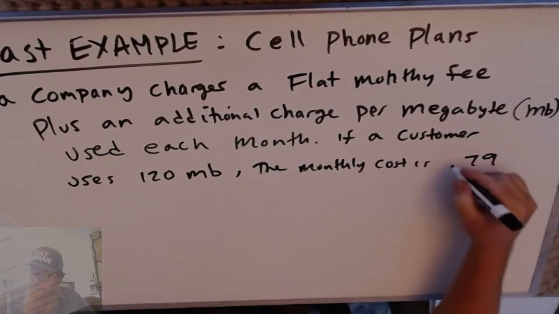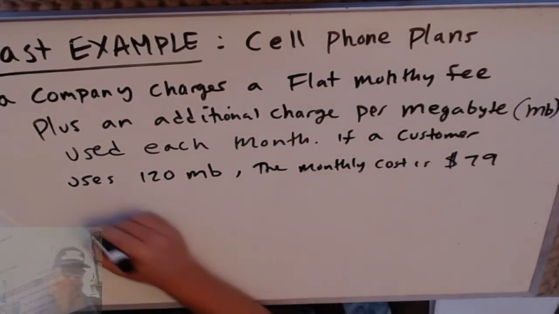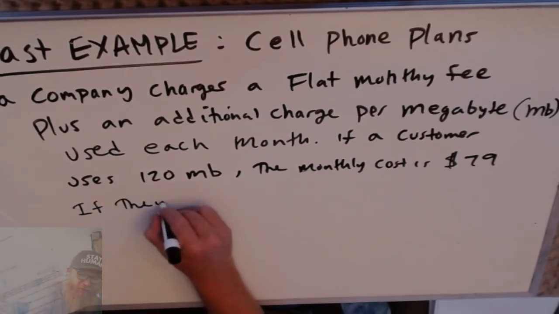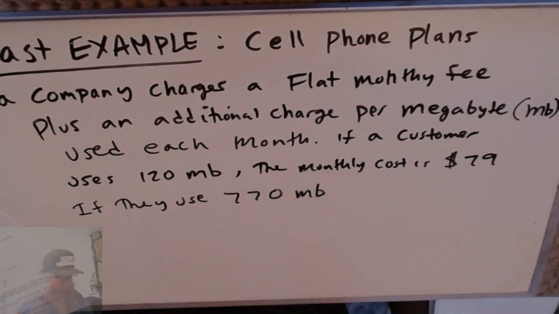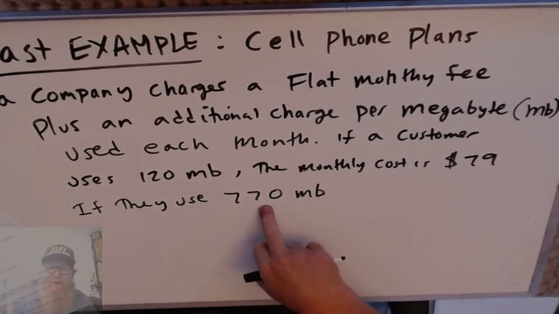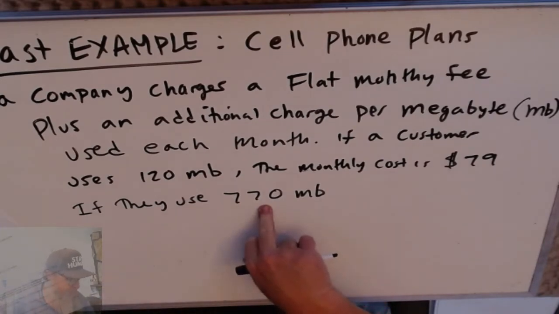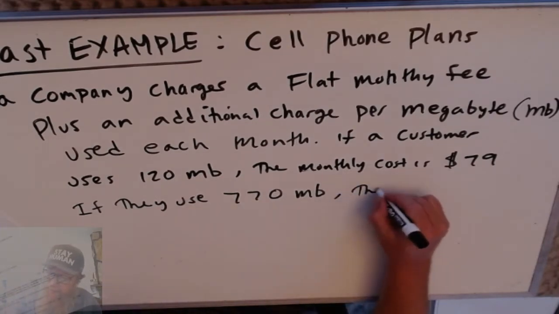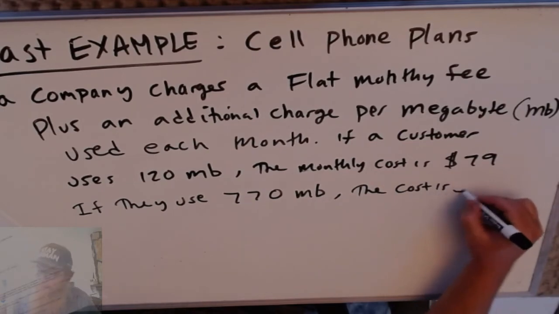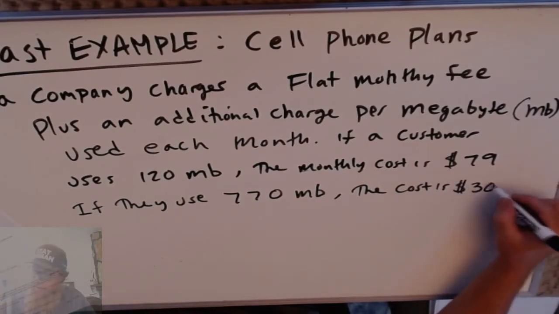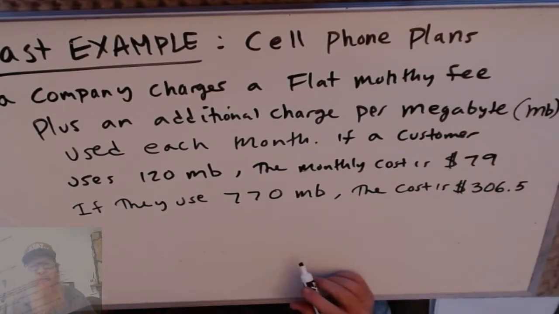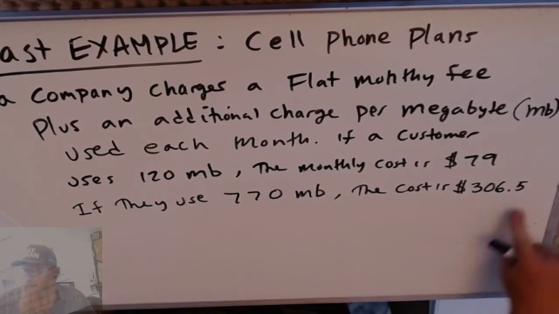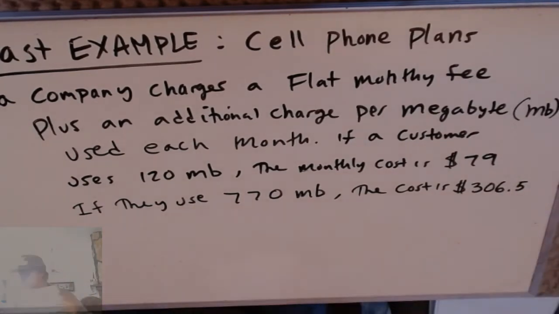If they use 770 megabytes, so almost a gigabyte, 1,000 megabytes is a gigabyte, the bill is $306.50. The 0.5 just really means 50 cents.